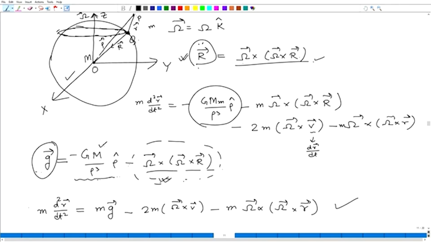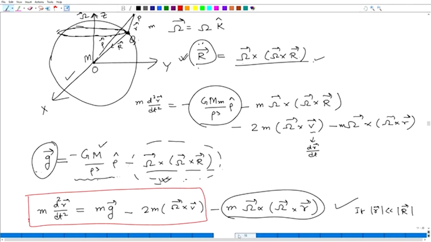Another approximation is that if the particle is situated very close to the surface of the earth, that means if modulus of r is very much less than modulus of capital R, then you can even neglect this term, and finally you are left with only this equation.